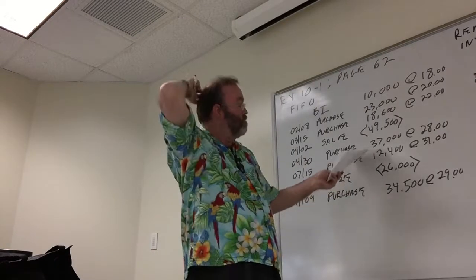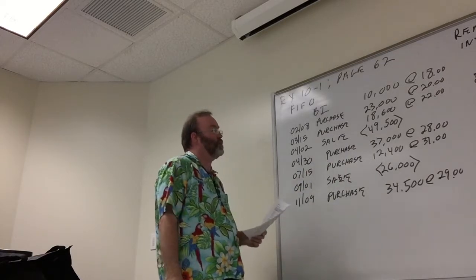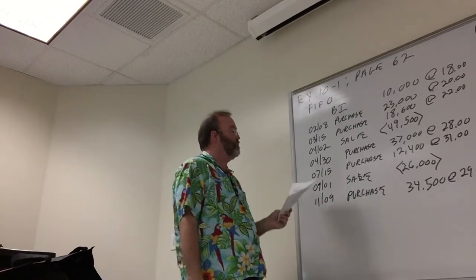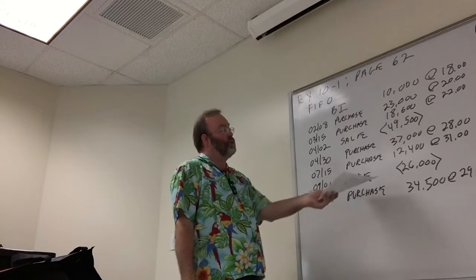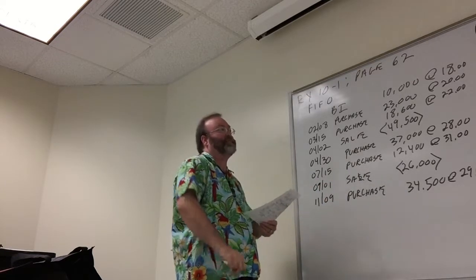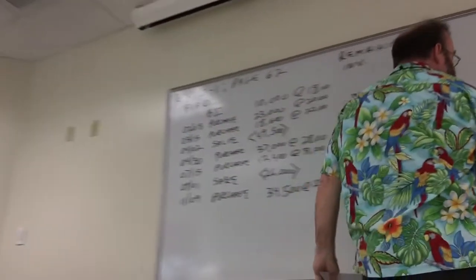So then we make two more purchases. We make $37,000 on April the 30th and a $12,400 on July the 15th. So when we sell this 26,000, which units are those that we sell?